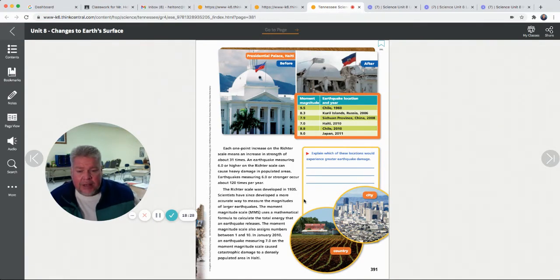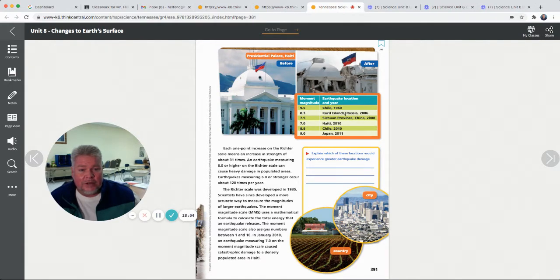In January 2010, an earthquake measuring 7.0 on the Moment Magnitude Scale caused catastrophic damage to a densely populated area in Haiti. So here's some measurements of bad earthquakes. In Chile in 1960, a 9.5 out of 10. Can you imagine how bad and scary that would be?